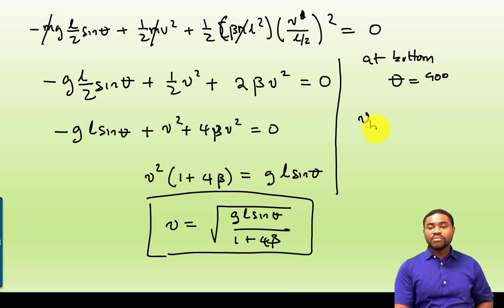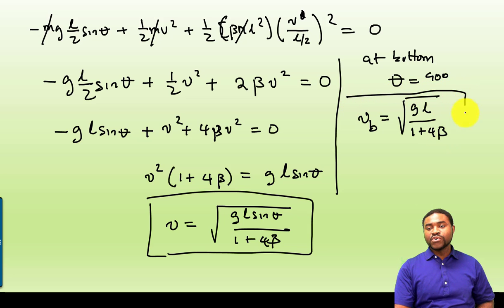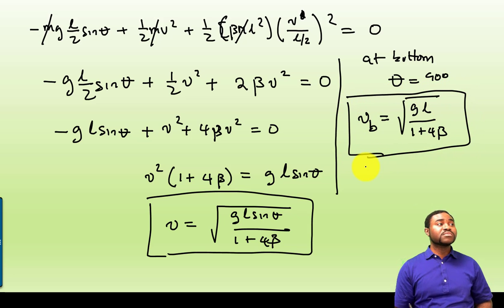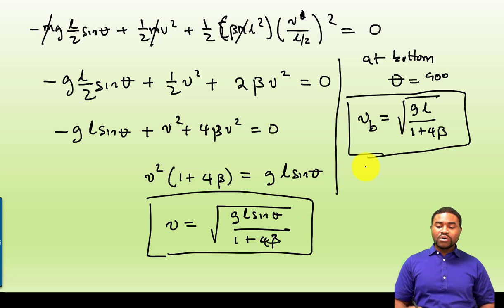Therefore, V bottom will be equal to the square root of gL divided by 1 plus 4 beta. That is the value for V at the bottom just before collision. Keep this in mind. We're going to come back to this.